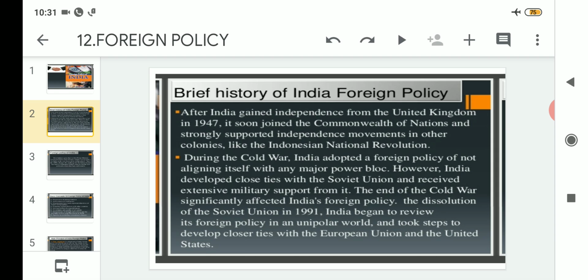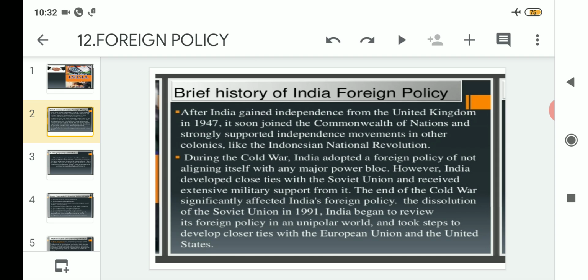that until the USSR finally dissolved, it would not come under either of the two power blocs. It would remain independent, neither with the USA nor with the USSR.